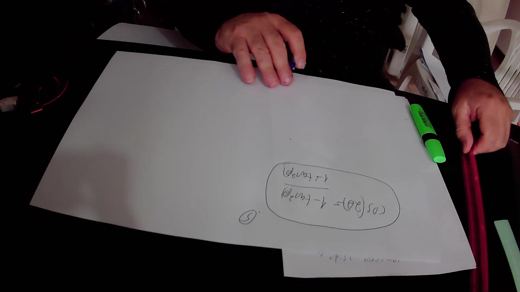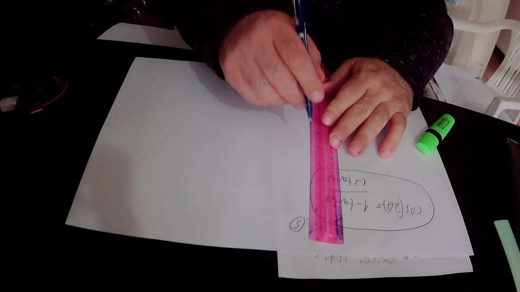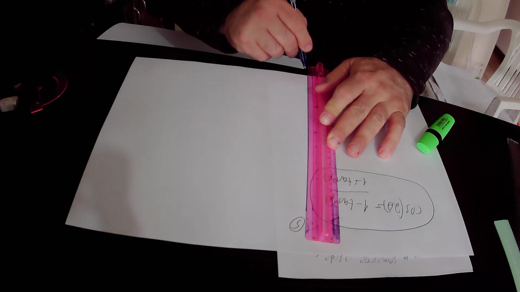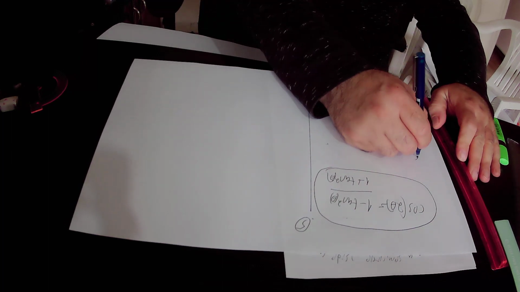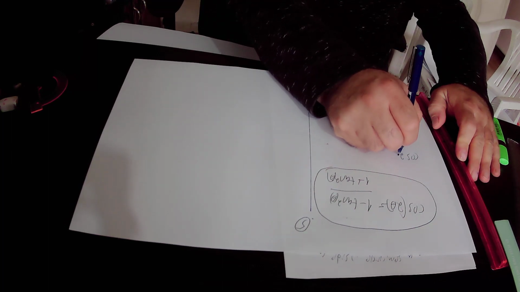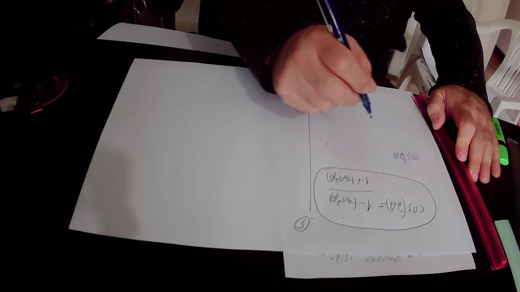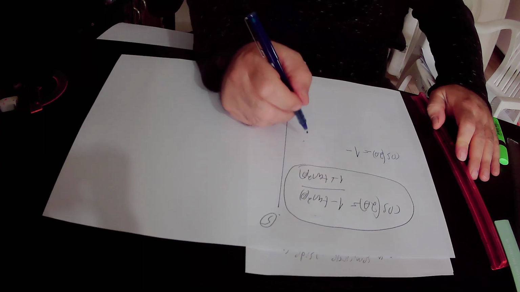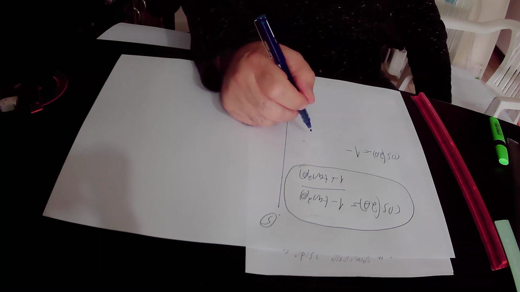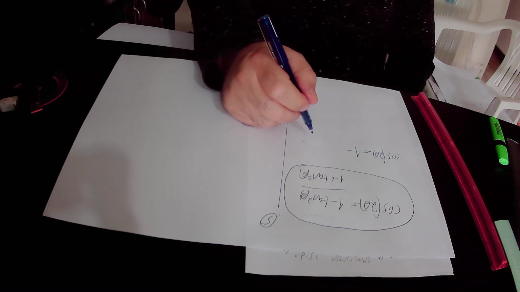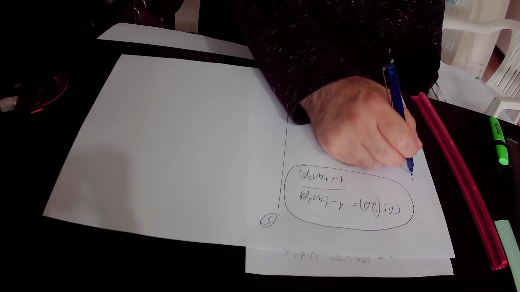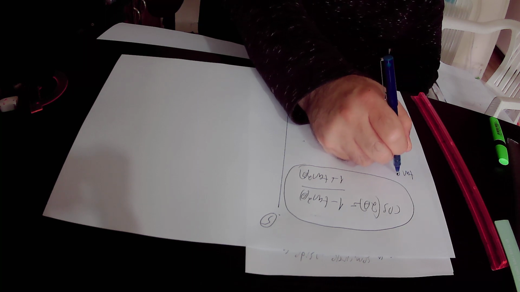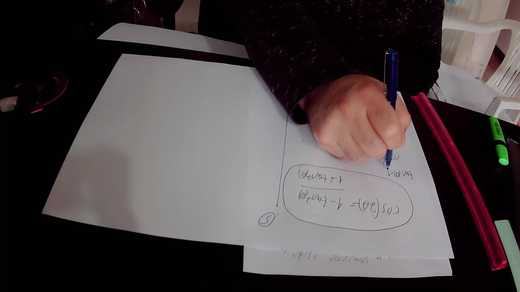cosine 2 theta equals to 1 minus tangent square theta over 1 plus tangent square theta. Tangent theta equals to 1/2.